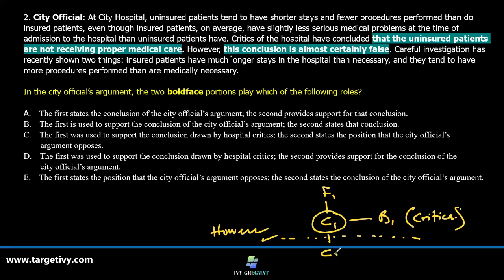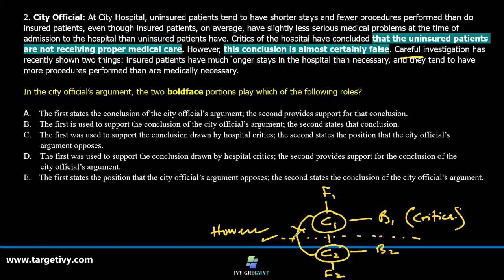So conclusion 2, which is again our bold 2. And to substantiate that conclusion, he says that careful investigation has recently shown two things. So this is a fact, fact 2. Since there is a "however" here, this means these conclusions differ. They do not go together. They are against each other. This is the simplified diagram of how the argument has been rolled out.